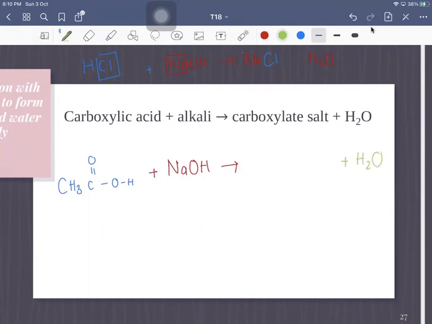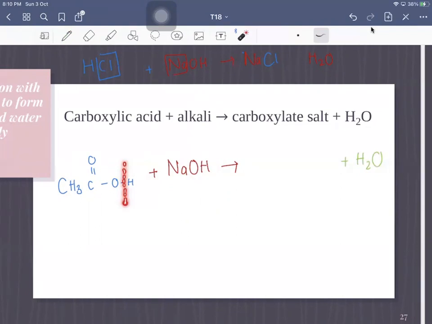The water is coming from the hydroxide ion of your alkali and the hydrogen ion from the acid. When H plus and OH minus combine, they form H2O, water. Now I want to talk about the salt.